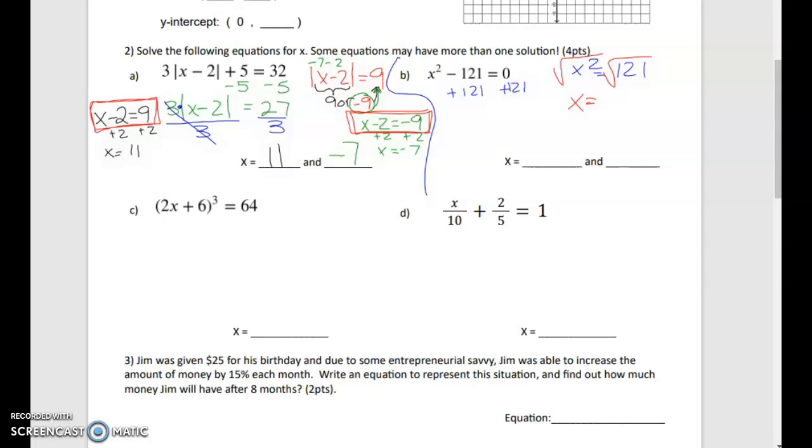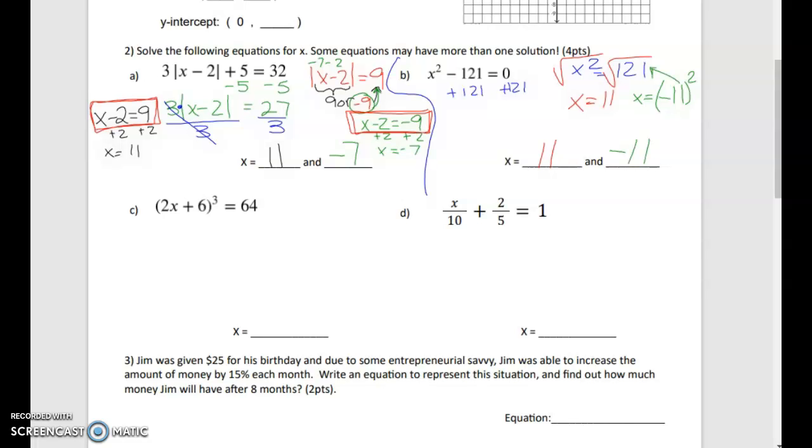Now, the square root of 121, most of us know, or we could find on our calculator, is 11. Our calculator will give us 11. But what our calculator won't do, what we need to do with our brain power, is say, hey, x could also equal negative 11, because negative 11 squared is 121.